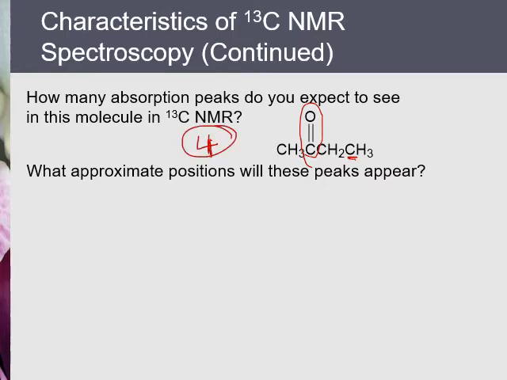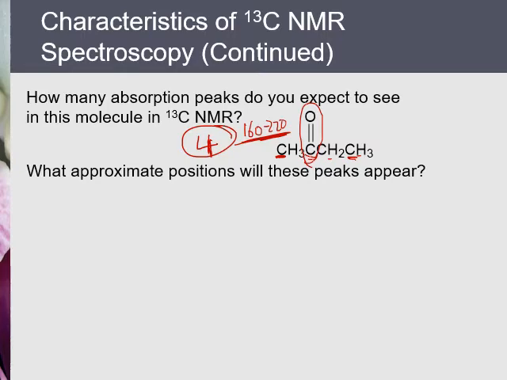Now in the last slide, we learned that carbonyl carbon gives you a signal most downfield. The range is about 160 to 220 for this carbonyl carbon. So we expect 1 signal in this range. Now the other 3 carbons are all sp3 hybridized, meaning they don't form carbon-carbon double bond or carbon-carbon triple bond. They just form carbon-carbon or carbon-hydrogen single bonds.